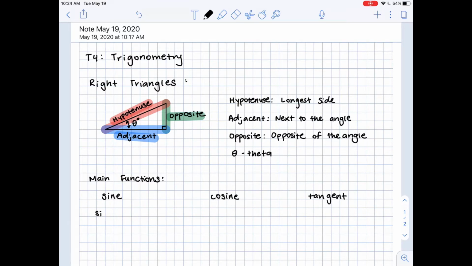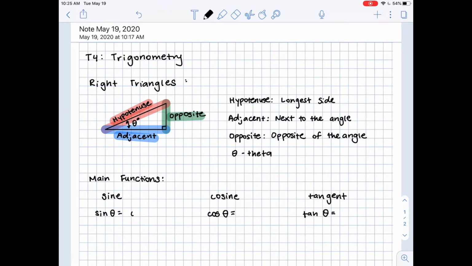Abbreviated, we call these sine of theta, cosine of theta, and tangent of theta. If you look at your calculator, you may have seen these letters: SIN, COS, and TAN. These are the rules.